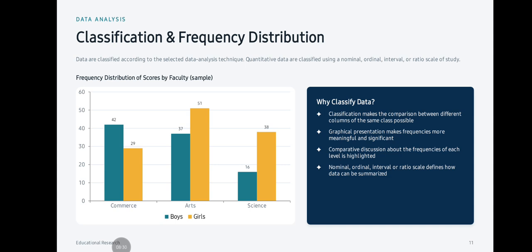Classification makes the comparison between different columns of the same class possible. Graphical presentation makes frequencies more meaningful and significant. Comparative discussion about the frequencies of each level is highlighted. Nominal, ordinal, interval or ratio scale defines how data can be summarized. It's a sample given on the screen. You can see the sample and the graph.